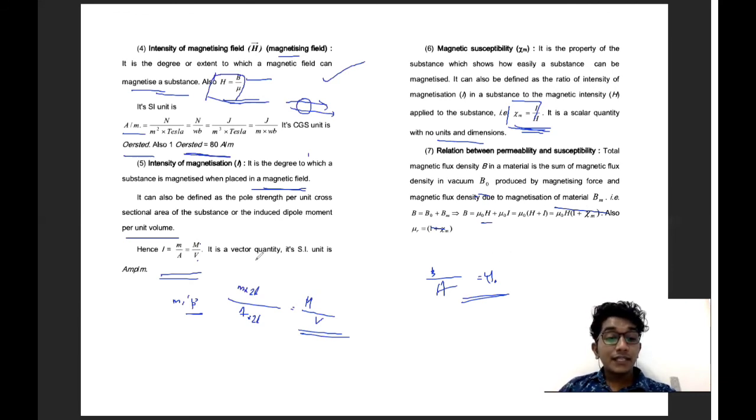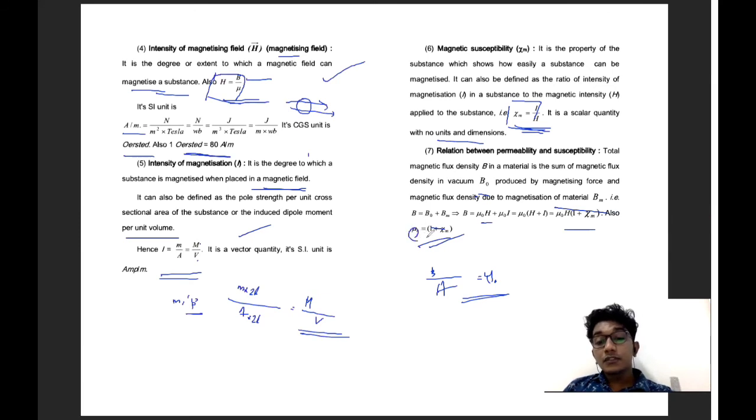So that we have seen here. Mu 0 into I. So B is equal to mu 0, you can take outside, H plus I. So mu 0 H into 1 plus I by H. Because if you take H out, then we know that susceptibility is equal to I by H, so you can substitute that here. So it will be mu 0 H into 1 plus susceptibility. So what is this?